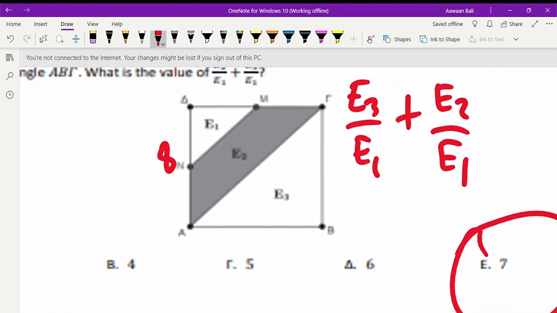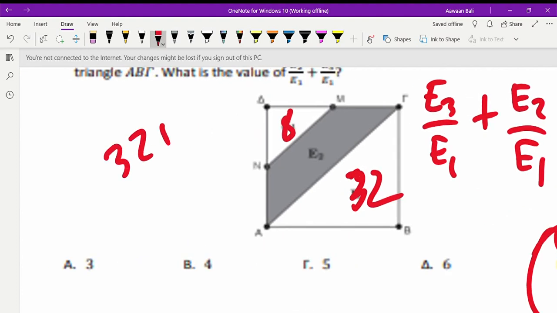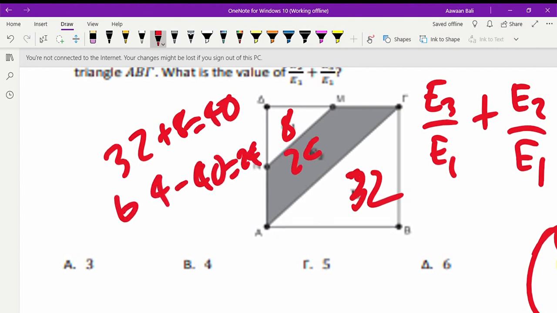The area would be 64, and half of that, you will get 32 here. The area of the half of this right angle triangle is 32, and here the midpoint, so this will become 8, so we would have 8 here. And now 32 plus 8 is 40, 64 minus 40 is 24, which means this is 24.